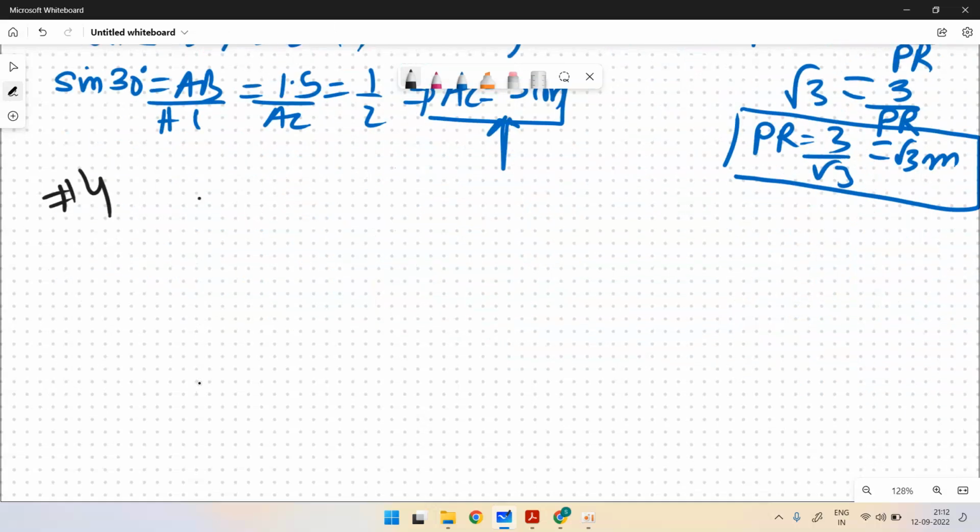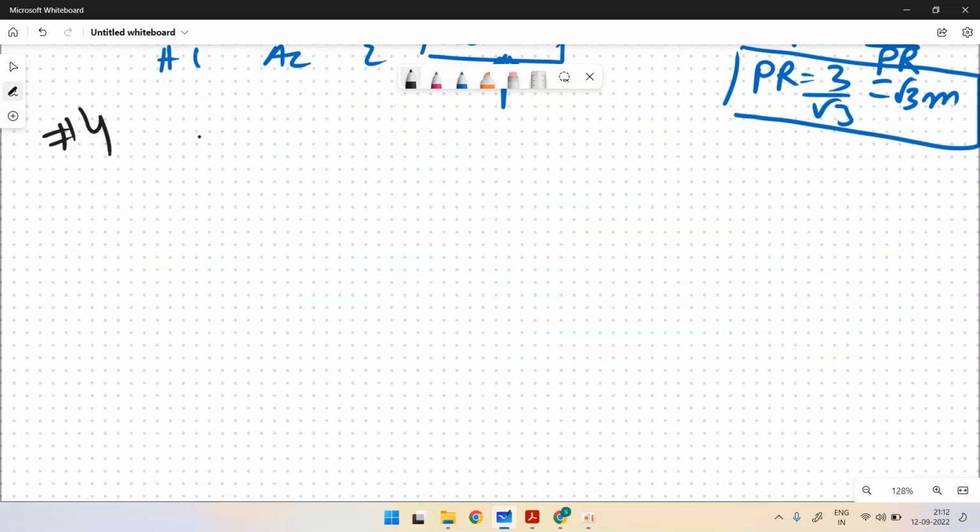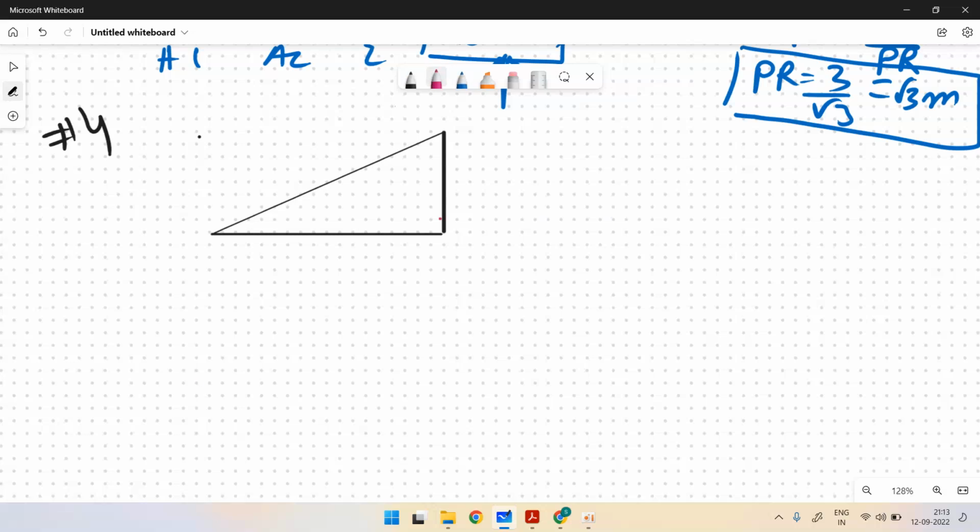Let's just say that this is given, this is my 90 degree and this is going to be 30 degree, and point P on the ground.